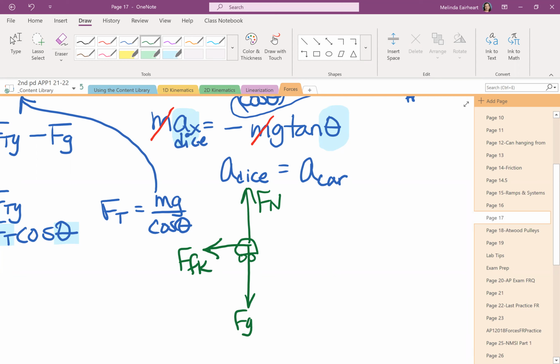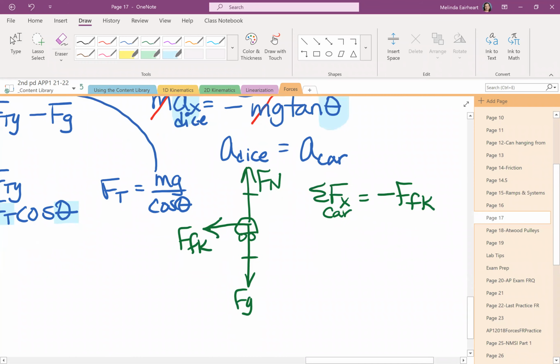It's moving. Now Fn and Fg are going to balance out, right? And so the net acceleration is in the horizontal. This is of the car. And it's going to feel similar, but now the only horizontal force on the car is that frictional force. It's going to bring it to a stop.